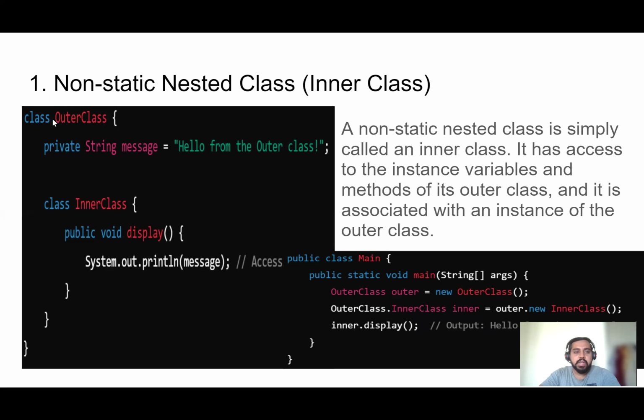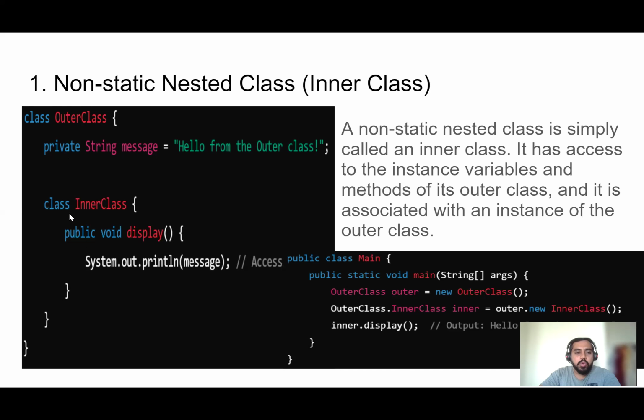I've written one class here, Outer class, and inside this class, I have created one variable called message, which is of type String, and I made it private. Private means this field can be accessed only inside the class. I gave some message like hello from the outer class.